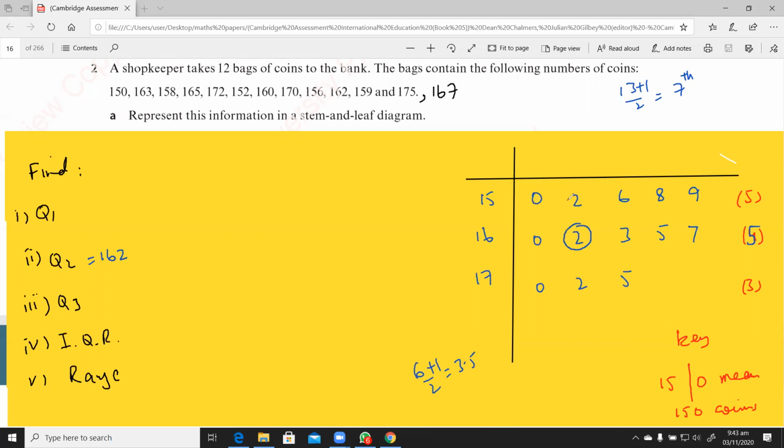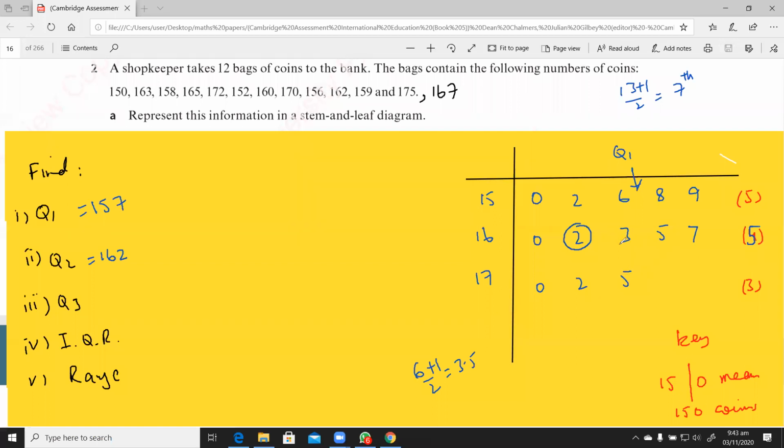So this is 1, 2, 3, and here we have Q1. You can see that it is going to be 6 and 8, they have 7 in between. So the lower quartile is 157.